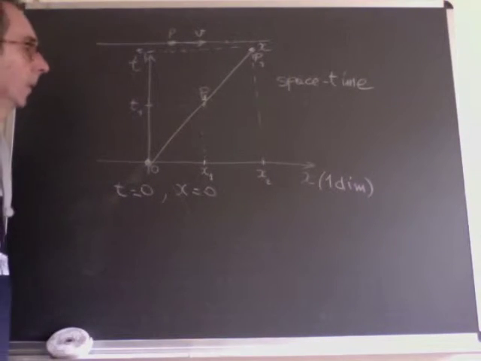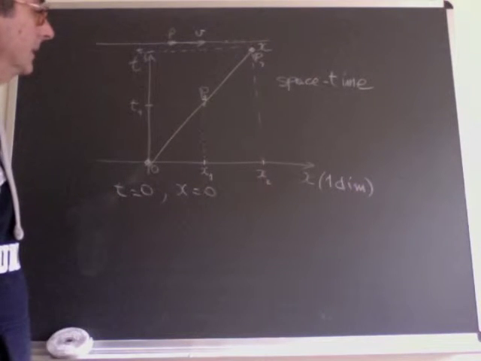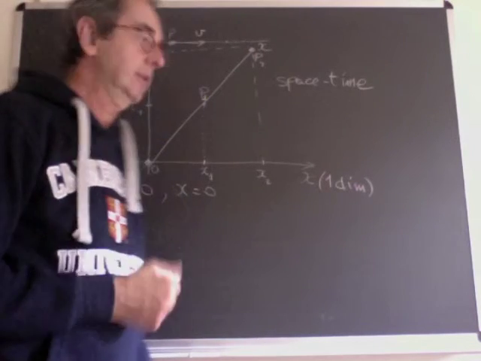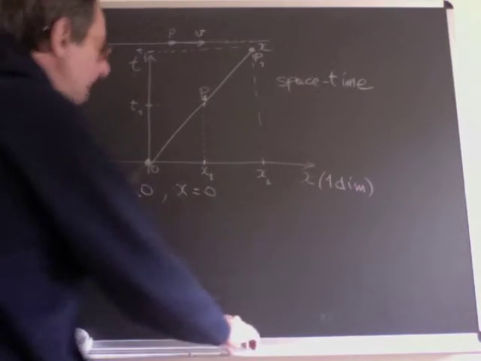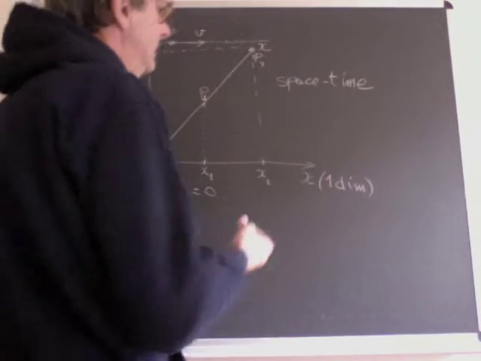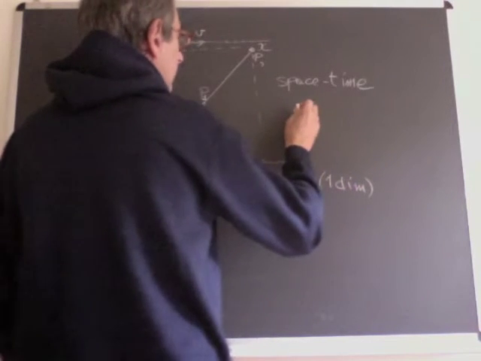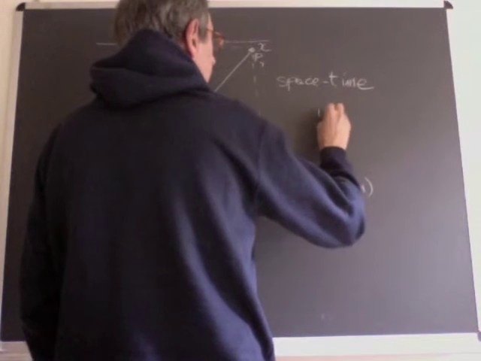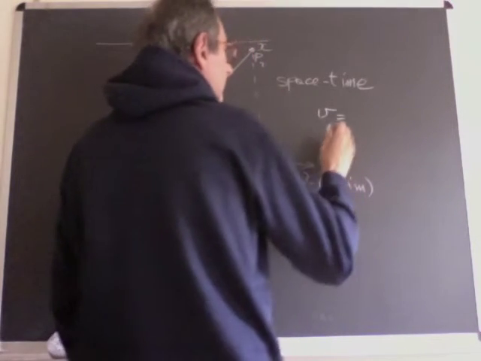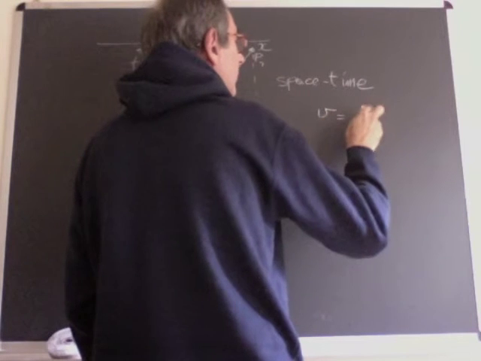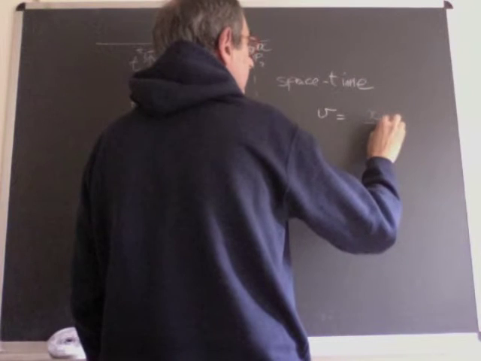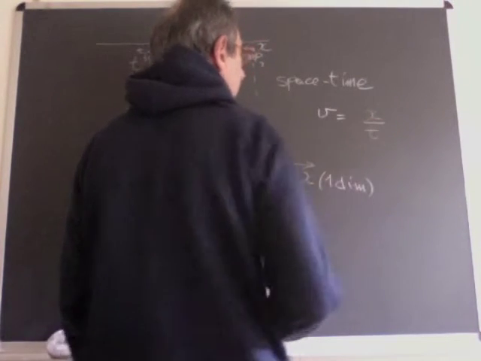Well, but there is a better way to represent this situation. As you know, from elementary basic physics, classical physics, the velocity, the speed of a point, is the ratio between the position and the time. Okay?